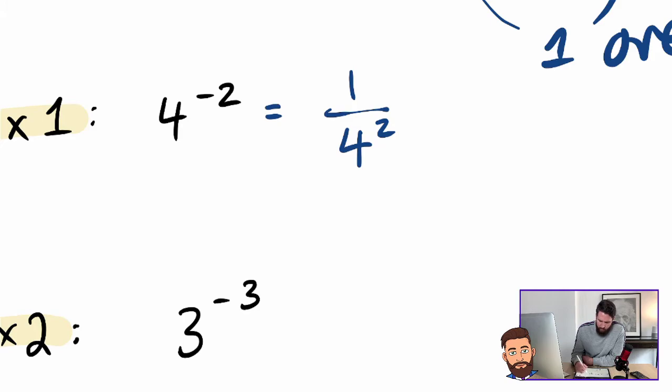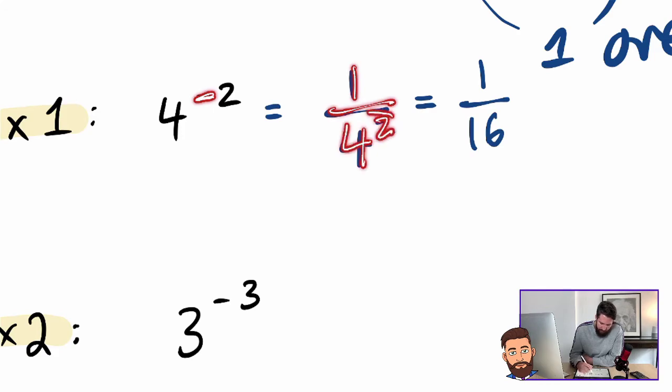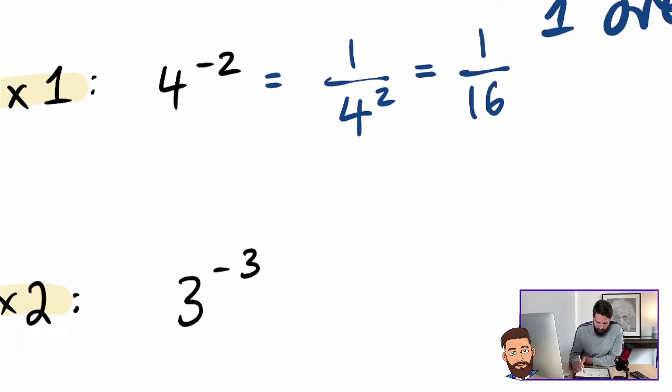Well, what is 4 squared? We know 4 squared is 16, so that is technically 1 over 16. So again, the negative power means you do 1 over the reciprocal, and then you just keep everything the same without the negative power. So we move on to the next one.